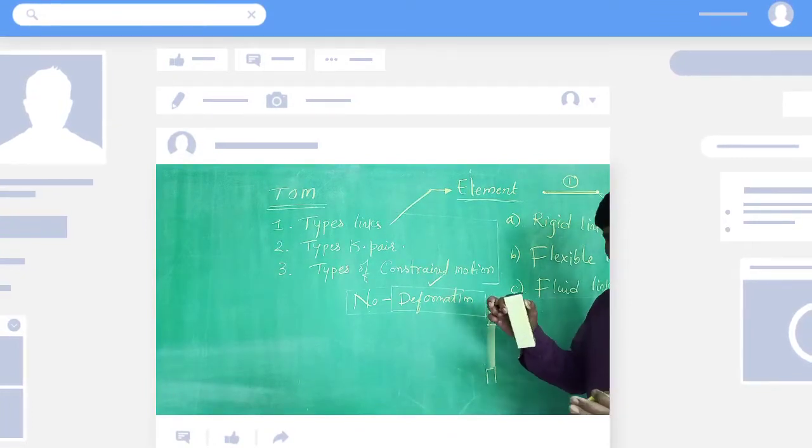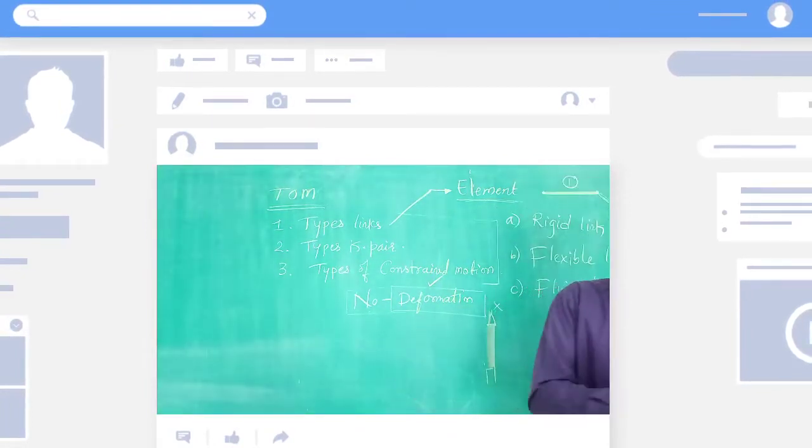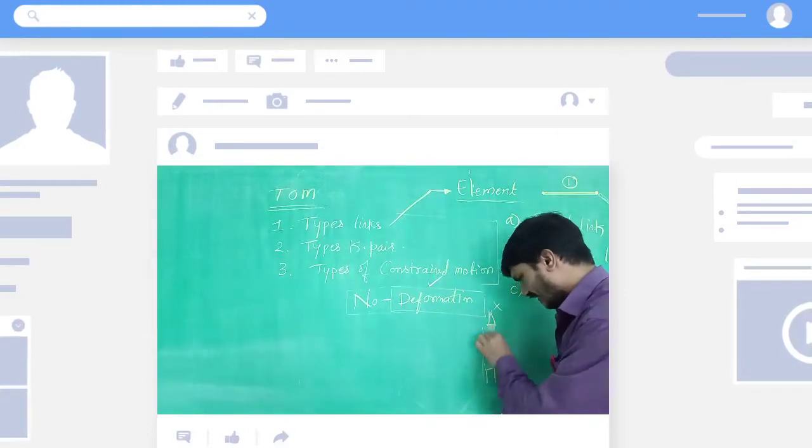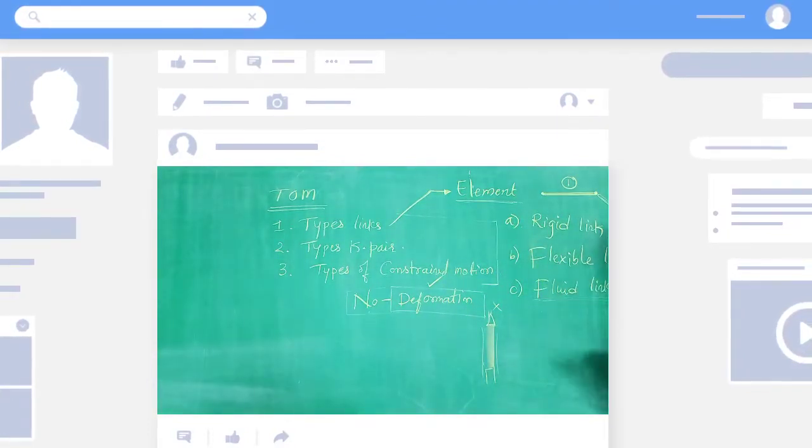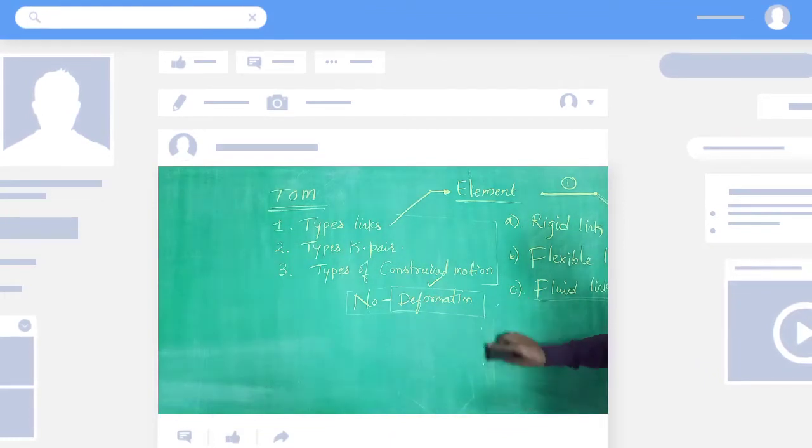Through the fluid pressure the piston reciprocates in the cylinder. That is the example of a fluid link, where fluid acts as an element.